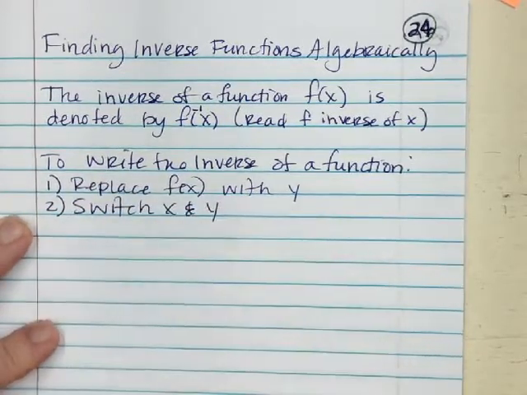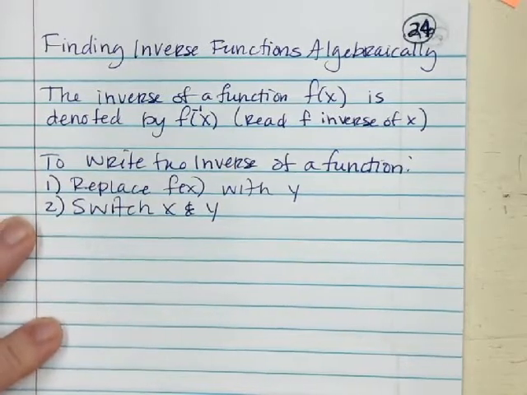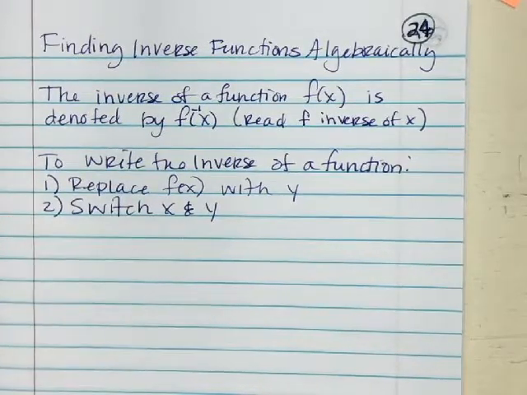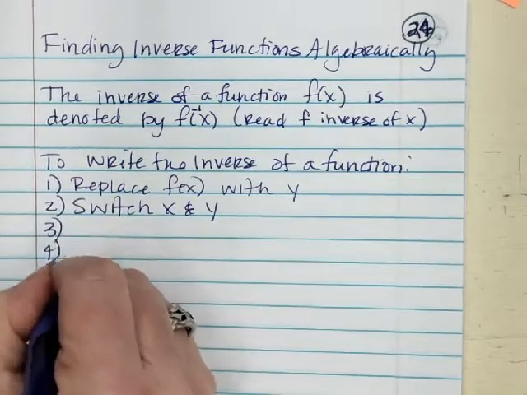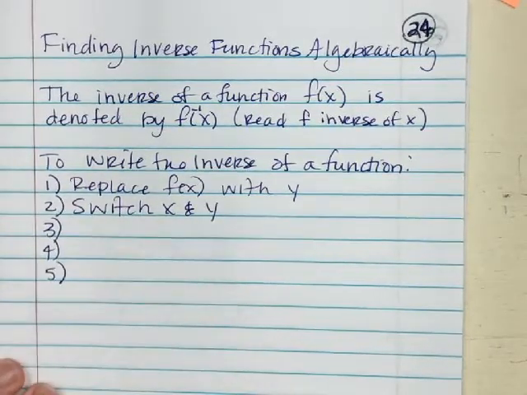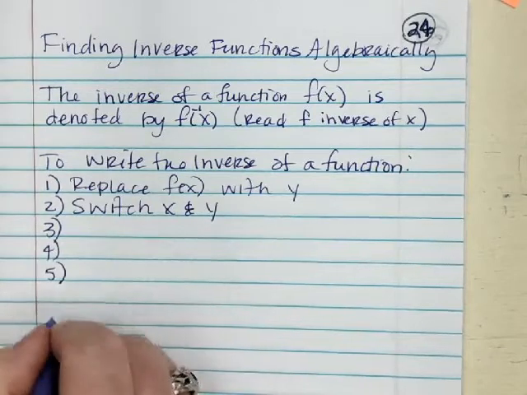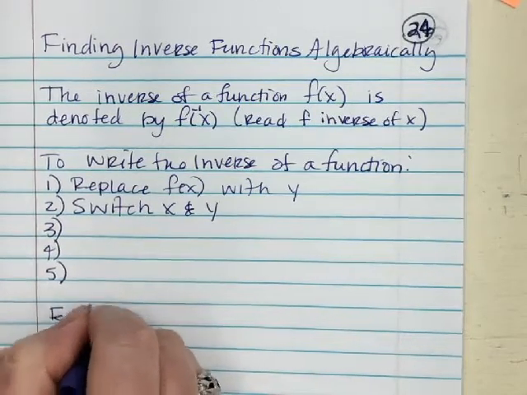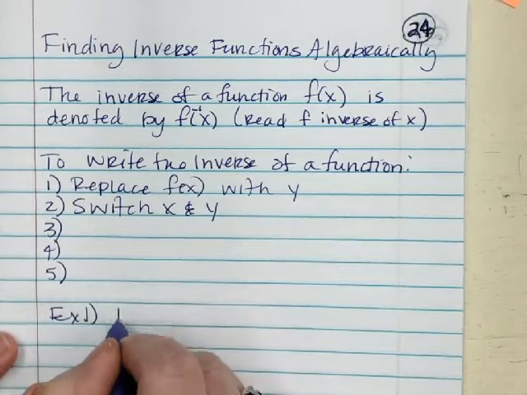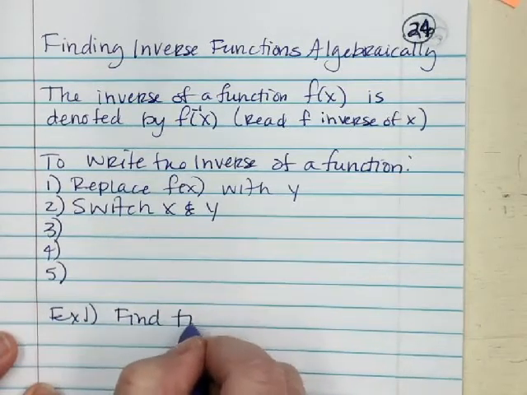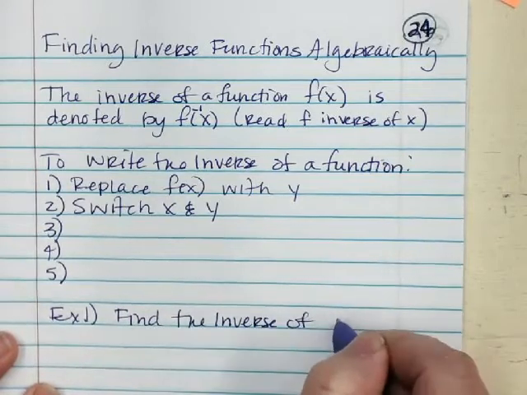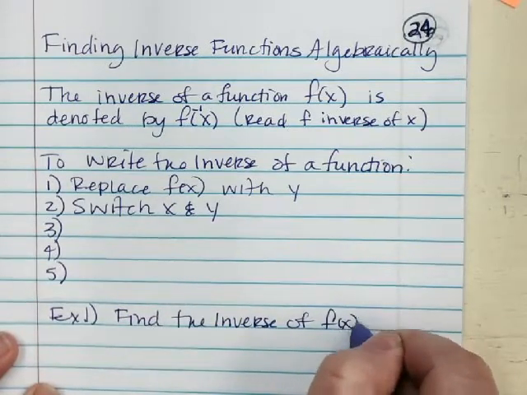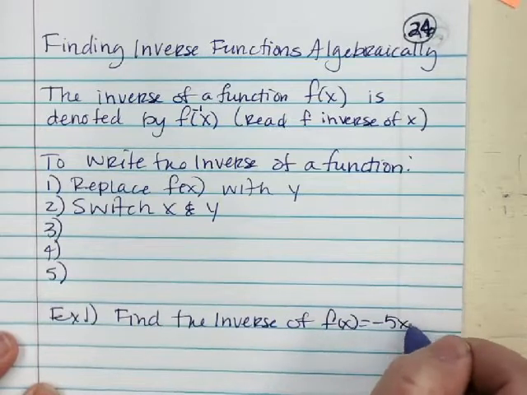So I think it would benefit you if I do the example as I give the steps. Let me leave some room for this. We're going to have 5 little quick steps, and here's my first example. I want to find the inverse of this function. F of x is equal to -5x plus 2.